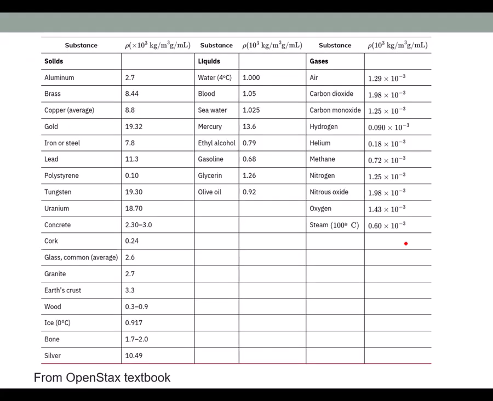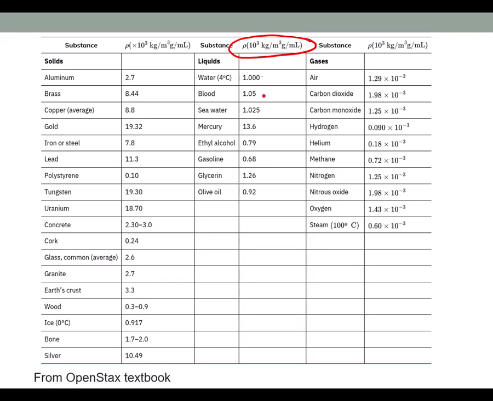Here is a table of densities from the OpenStax text. You can see the units above. So if you're in kilogram per meter cubed, you have to take all of these numbers and multiply by 10 to the 3 or 1,000. If you're in gram per milliliter, you can just take the numbers as they're written.